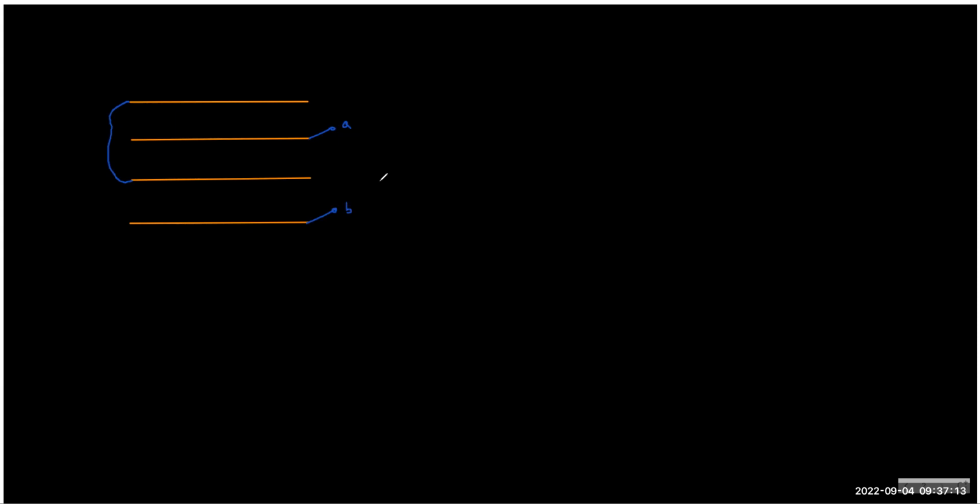So proceed the way we proceeded earlier and try to find the answer, assuming that every plate has area A and every gap is D. Try this out. If you want, you can draw it vertically also, but I just drew the way it was given.